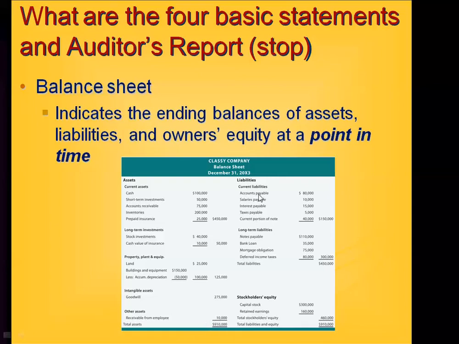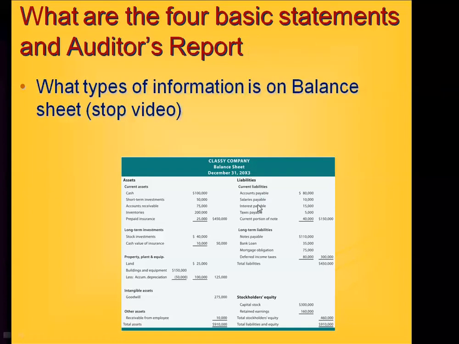Now, if we move over to the liability column, we have the current liabilities. Accounts payable basically means people owe you money. They're going to pay you in less than a year. Salaries payable. I'm sorry, I said accounts payable. People owe you money. That's accounts receivable. Accounts payable is where you owe someone money.